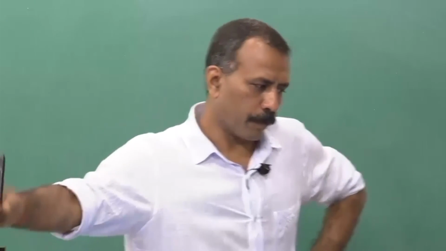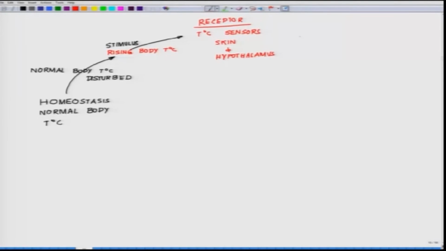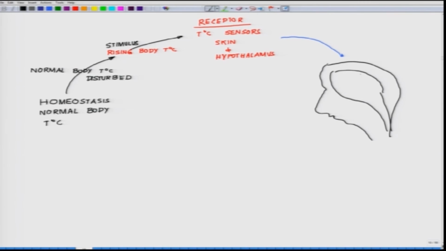Once this happens, what will happen? This information that there is an increase in temperature goes to the control center. I told you where the hypothalamus is. This is the brain stem, and the hypothalamus is sitting somewhere out here.